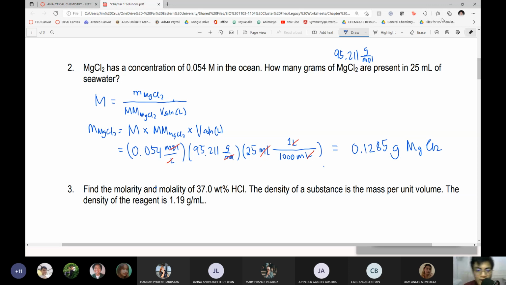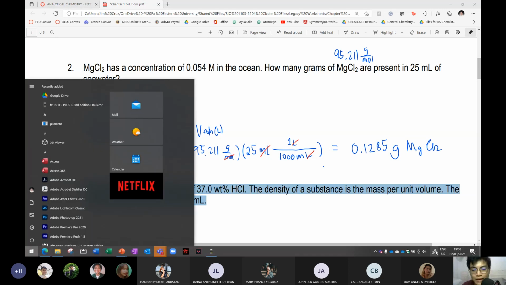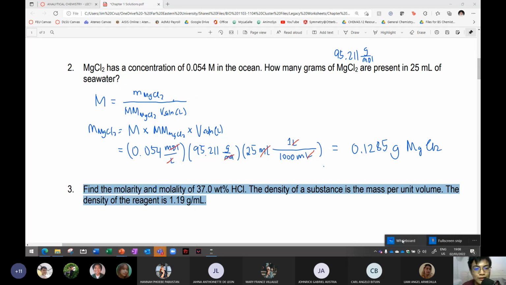Next one, we will try this. Yan. Number 3 is very tricky. Kaya ililipat ko siya ng much bigger workspace. Okay? So, lilipat ko lang to sa ating blackboard. Whiteboard.